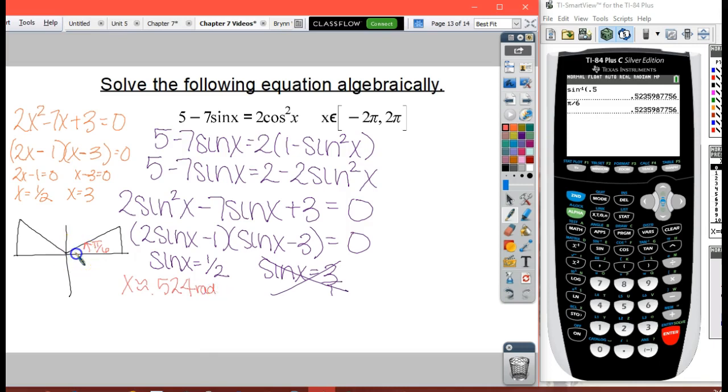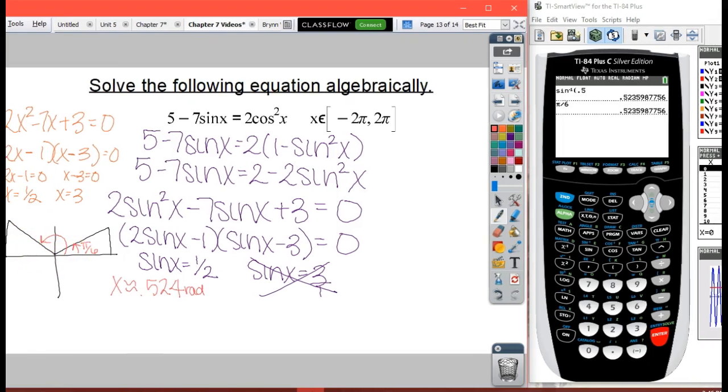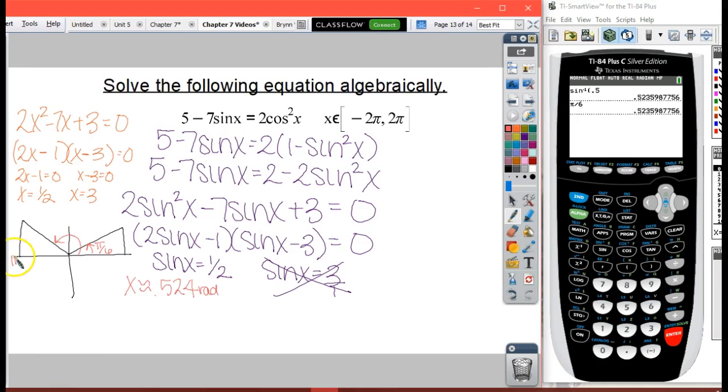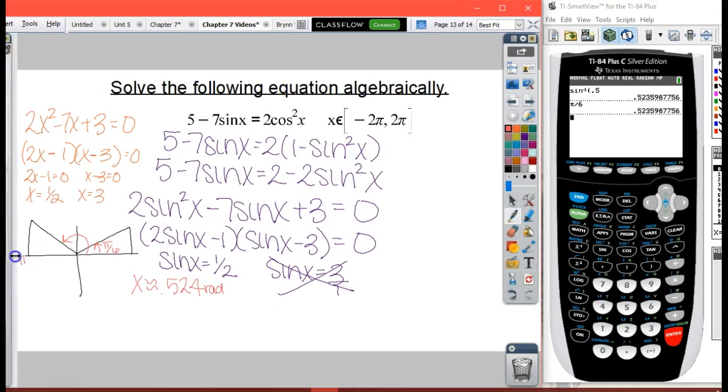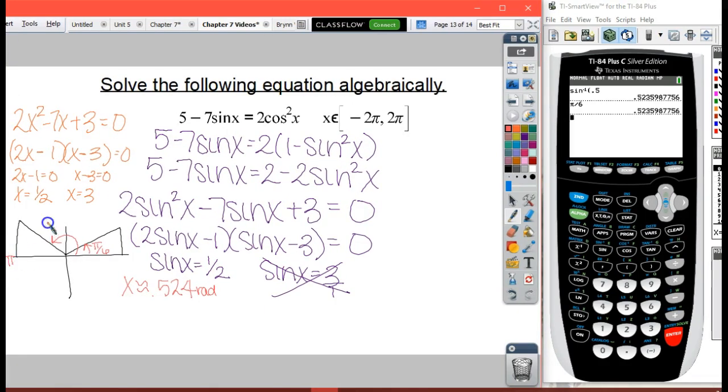My other answer will be the one in the second quadrant. I know that this reference angle is pi over 6, but we're a little bit short of 1 full pi. And so to find this angle, I'm going to take pi minus pi over 6, or minus the 0.524, either way.